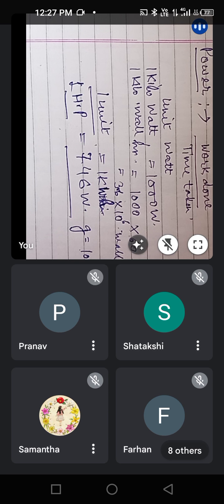Also calculate the power of the motor in kilowatt hour, kilowatt, and horsepower. Three units you have to convert it into.